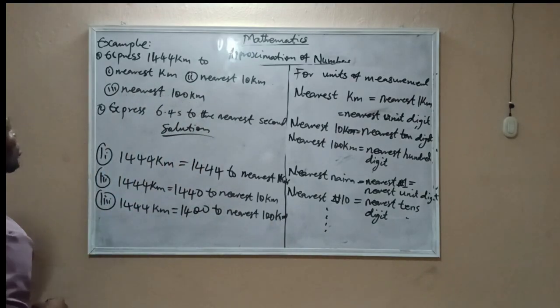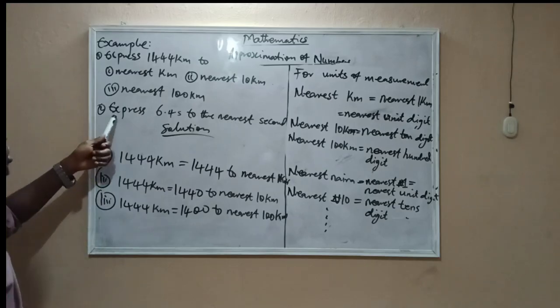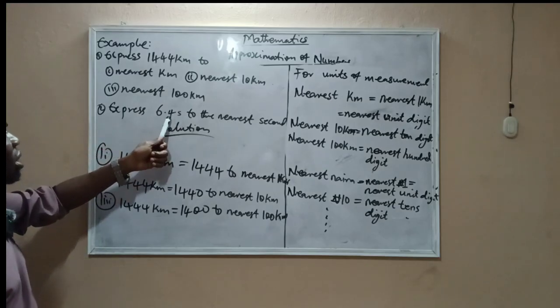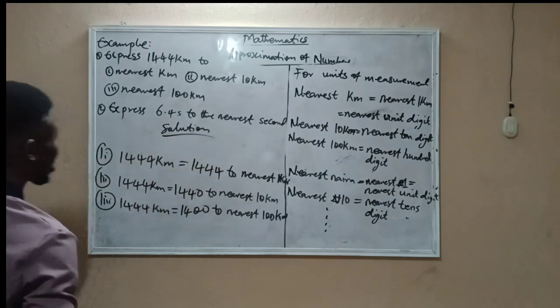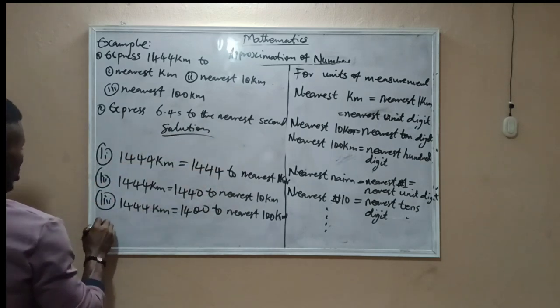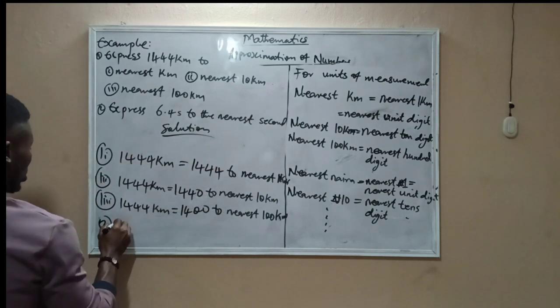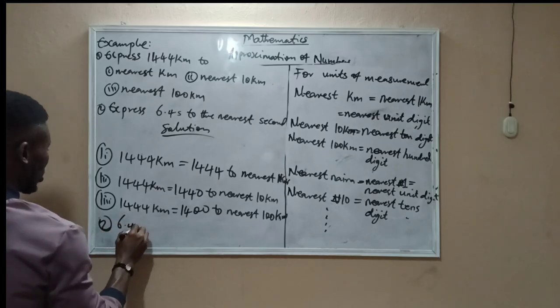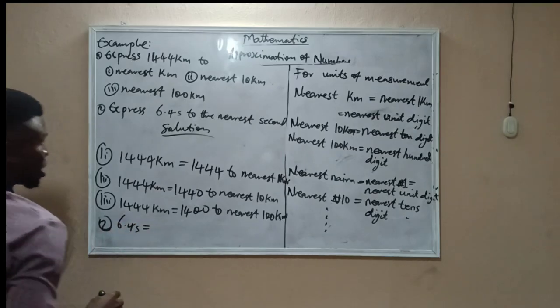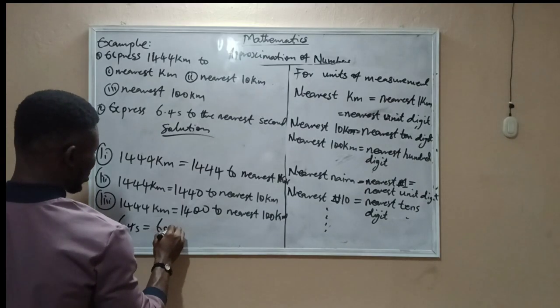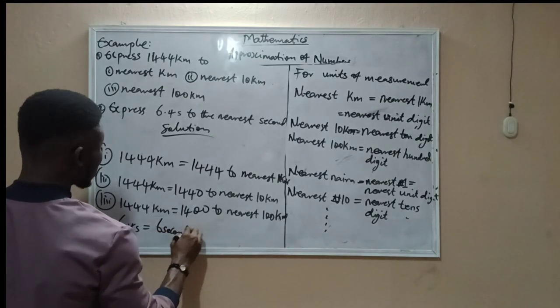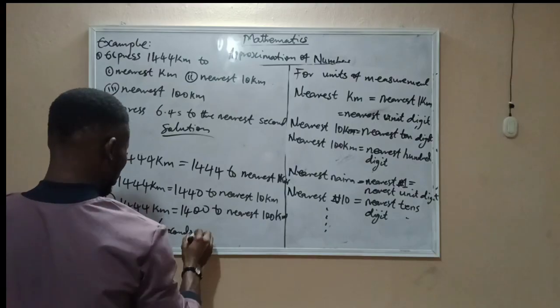And then number 2 says express 6.4 seconds to the nearest second. 6.4 seconds is the same thing as 6 seconds to the nearest second.